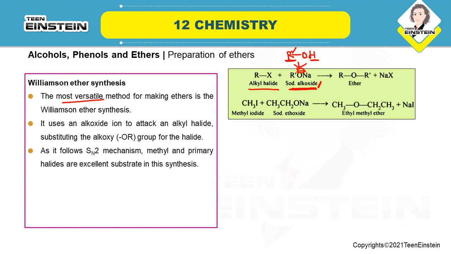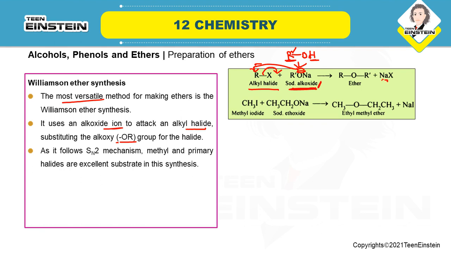Fine. So it uses alkoxide ion, that is R prime O minus ion, to attack alkyl halide, substituting the alkoxy group for the halide. So here R prime O minus can attack this R group, and this halogen will be removed in the form of halide.